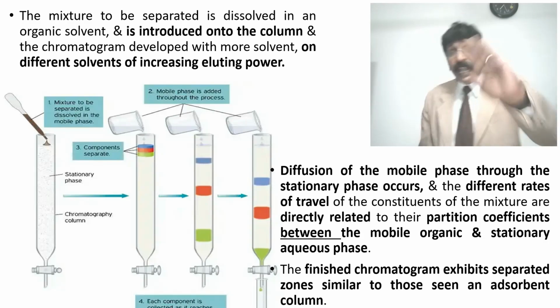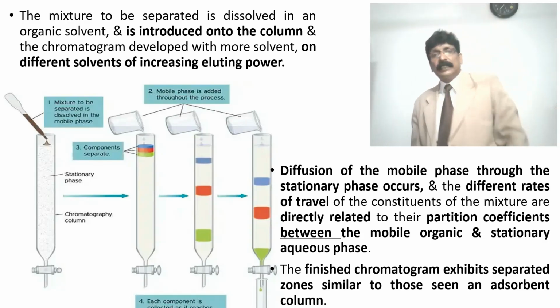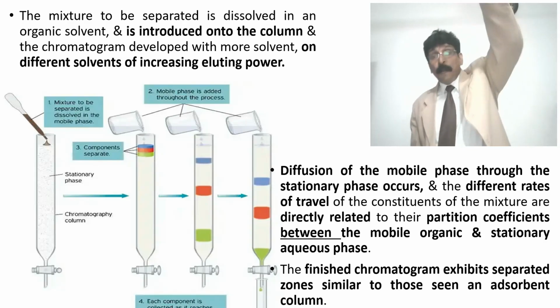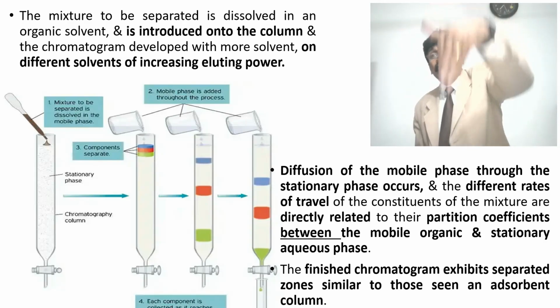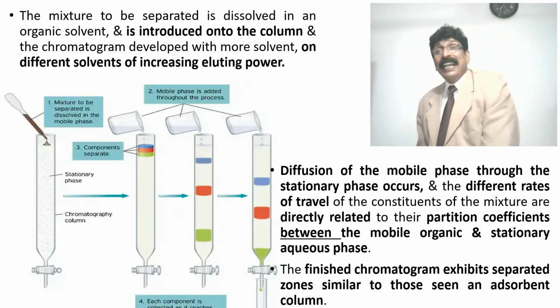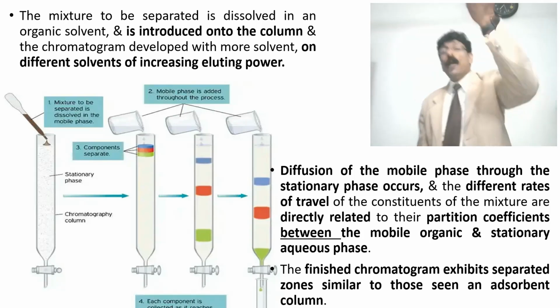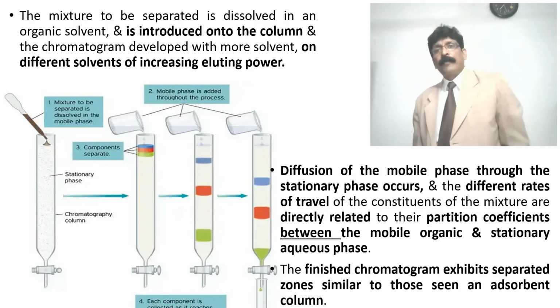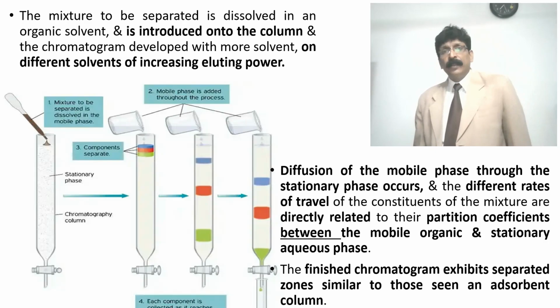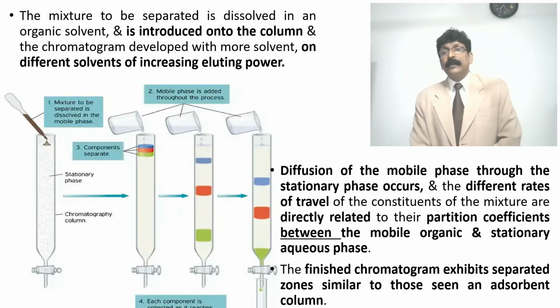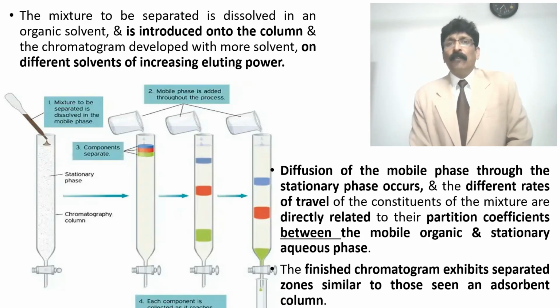If you again increase the polarity with methyl acetate, the compounds which are soluble in methyl acetate will pass through. When it passes through the aqueous stationary phase, it can elute the compounds which are soluble. Finally, you can use ethanol, and the ratio can also be changed; the polarity can be slightly varied by mixing the solvents, which can also be done for separation of the compounds.